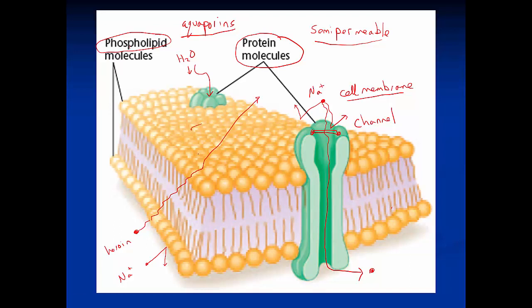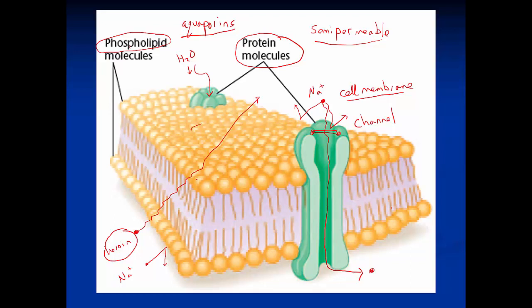Okay, so basically we have this fat sandwich covering all cells. It's semi-permeable. Things that are lipid soluble, things that dissolve in lipids like heroin, can go right through it. They don't need tunnels, they can just go right through. They can't be regulated very easily by the cell.